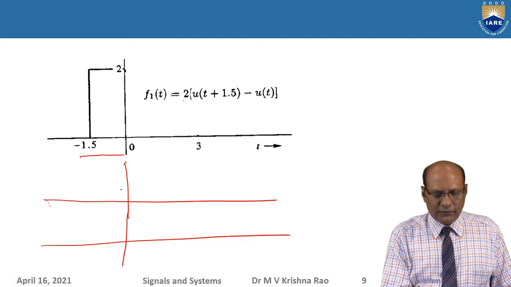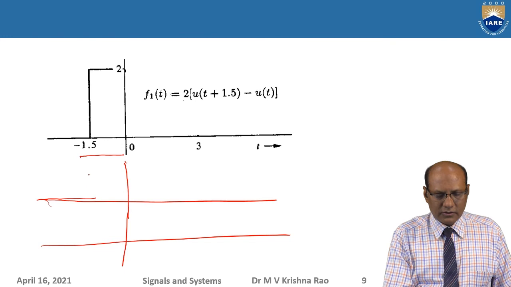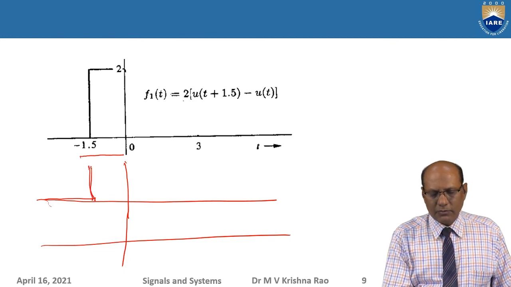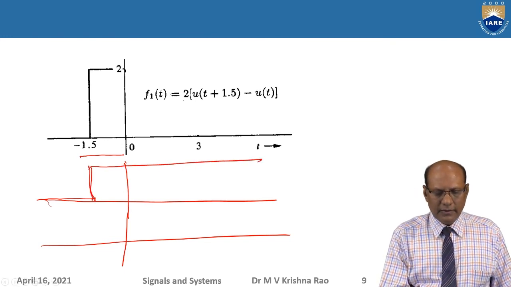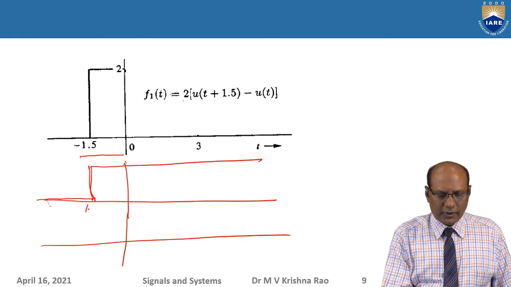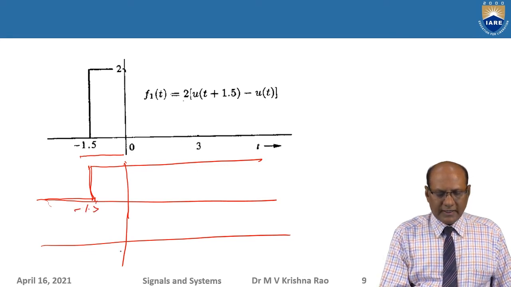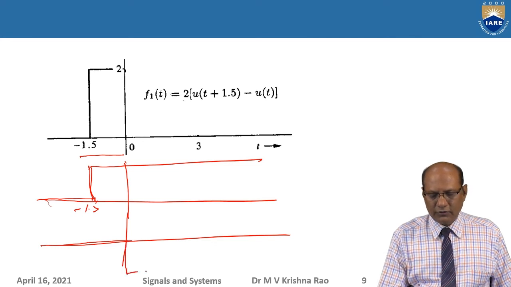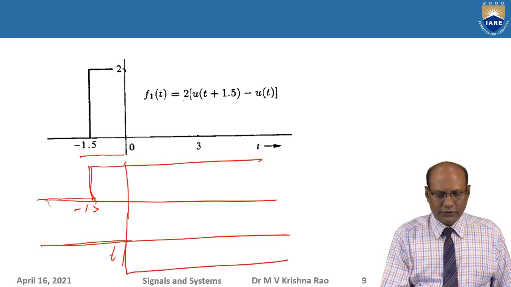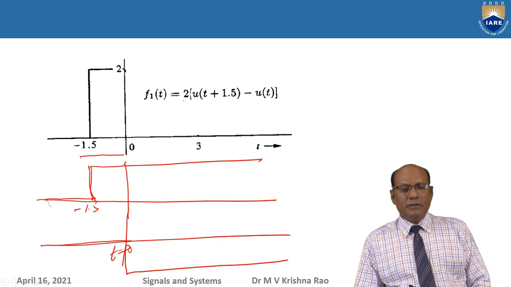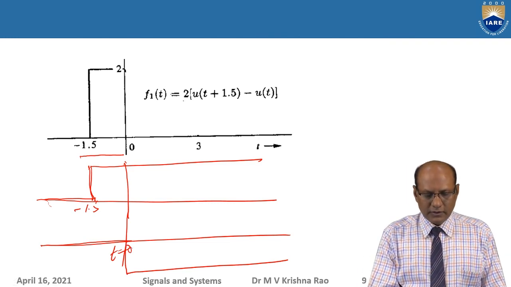Okay, the first step function must start at minus 1.5. This is minus 1.5. And the second step function must start at t equal to 0. This is t equal to 0. So this is the second function.